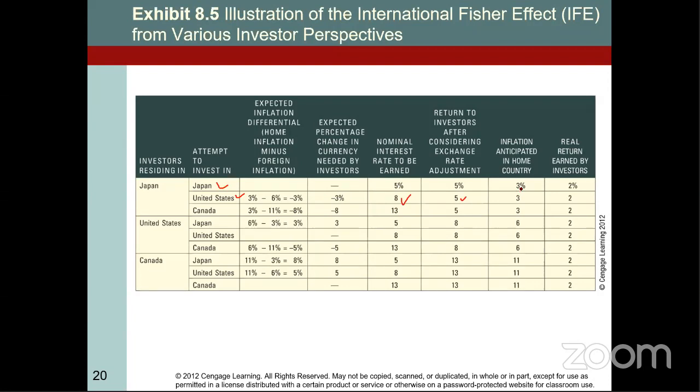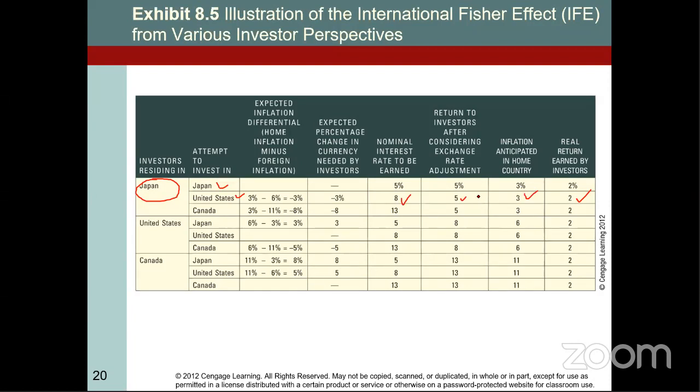Inflation anticipated at home. What is home? The home is Japan, because the investor resides in Japan. And the real interest rate earned is only 2. Why? You got the nominal rate, and the inflation rate anticipated is 3.